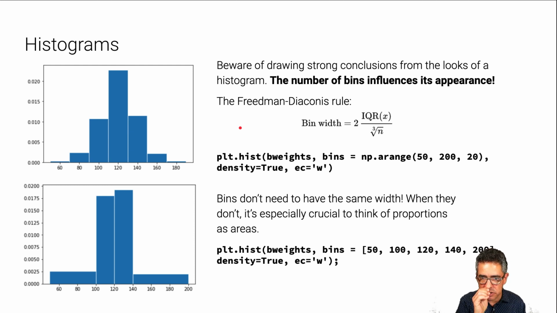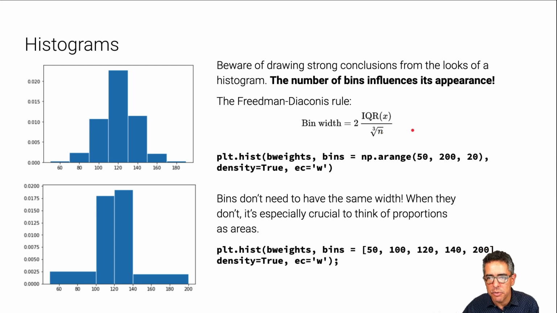David Freedman was a very well-renowned Berkeley statistician, and Persi Diaconis is a colleague of his who's still at Stanford, which is to choose the bin width as twice the interquartile range, which is the difference between the 25th and the 75th percentiles in the data distribution, divided by the cube root of the number of points.